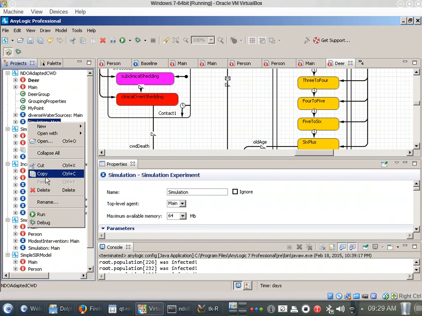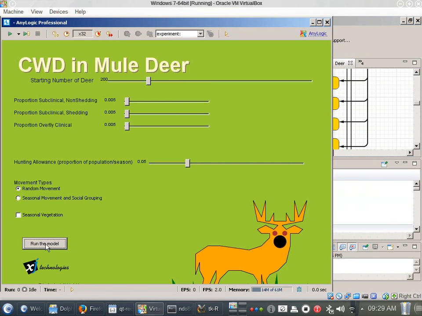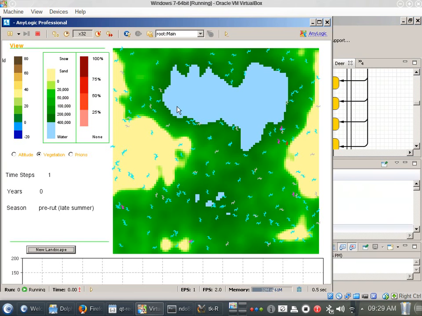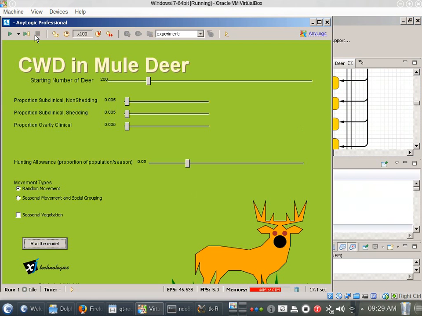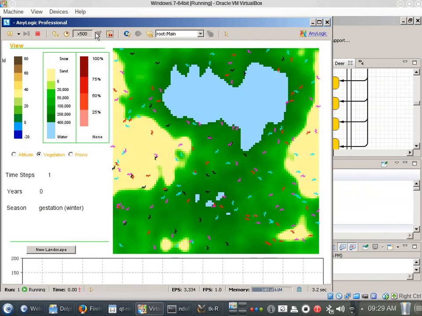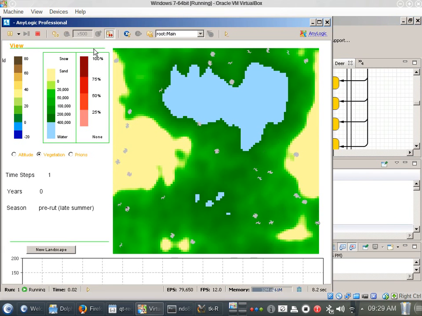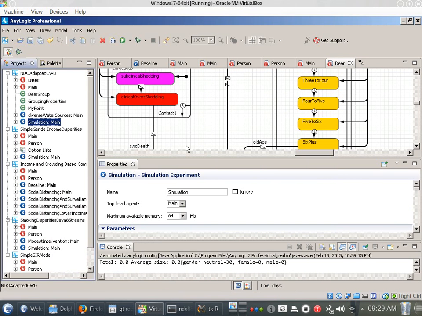So this is a model that includes mobility and transmission of infection and movement in landscapes, etc. There's seasonal movement and social groupings. So this is a model which is quite sophisticated, and it's no wonder it's going super fast. You just can't see it. But these deer are moving over the landscape, and they have these quite strong, quite sophisticated behaviors.